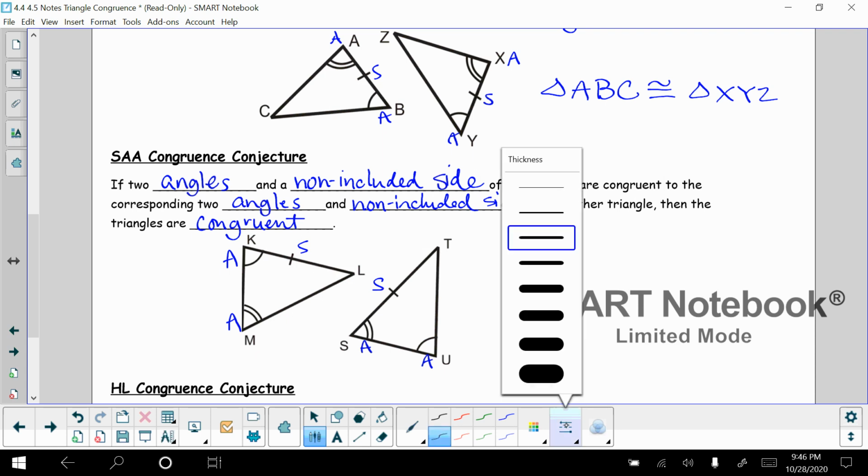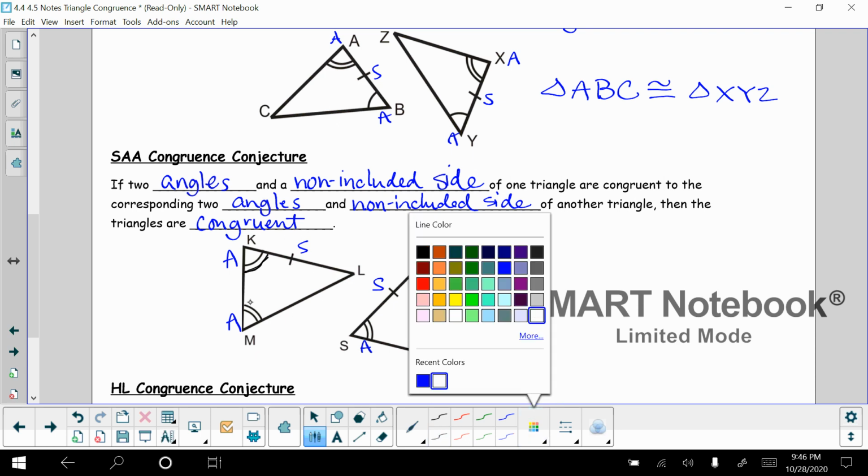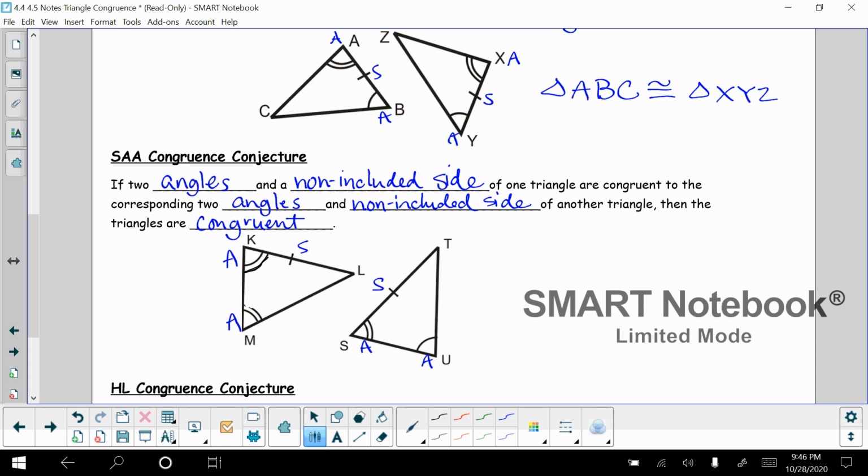You should have two marks right here because this one has two marks next to this side. And then this one should be erased. Let me get the white pen. So this is the way it should look. Okay, so 1, 2, and then a side, 1, 2, and then a side.